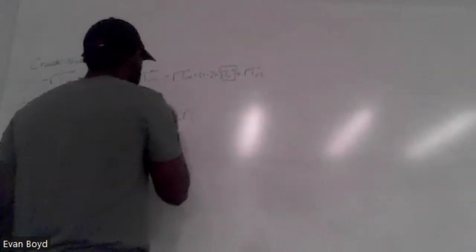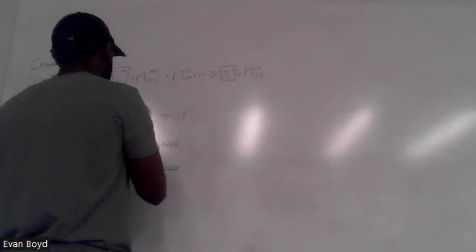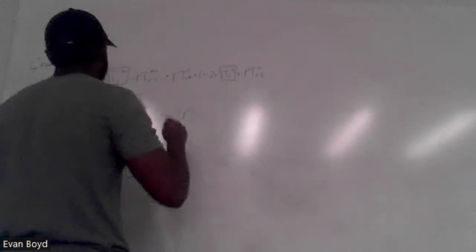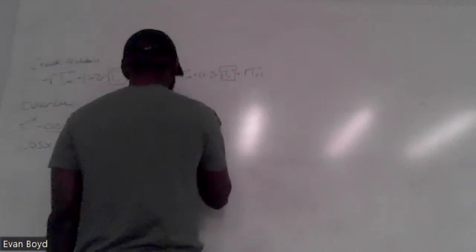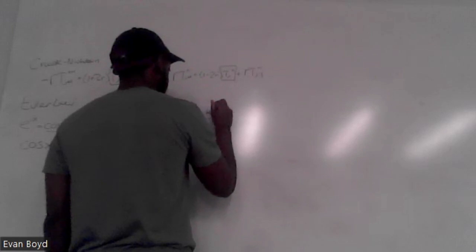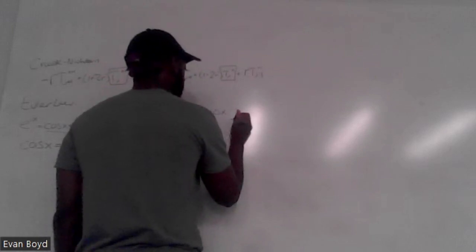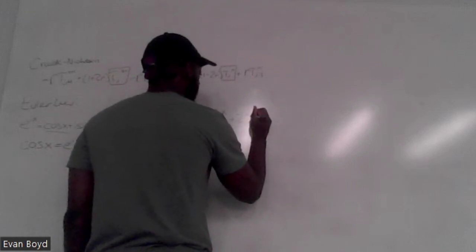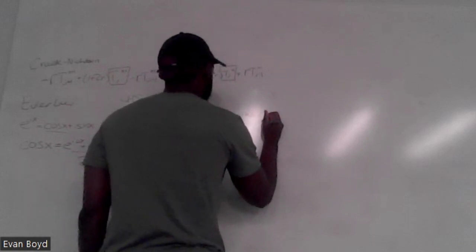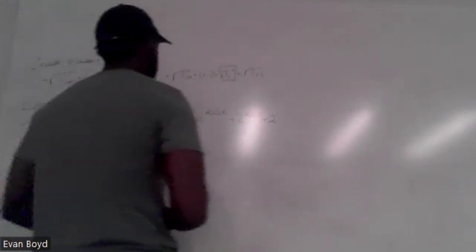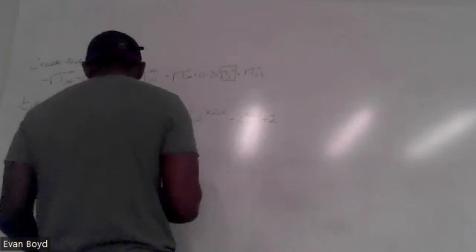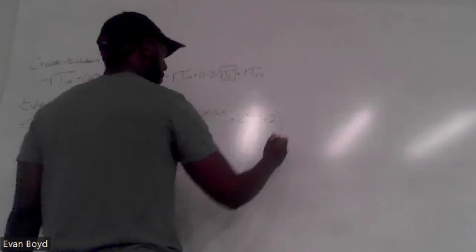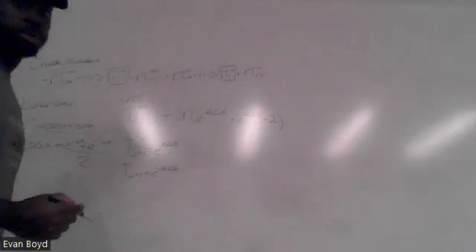So we have e to the i k delta x plus e to the negative i k delta x, then minus 2. We just factor out. No, that's right, it would be minus 2. So this is the left-hand side here.